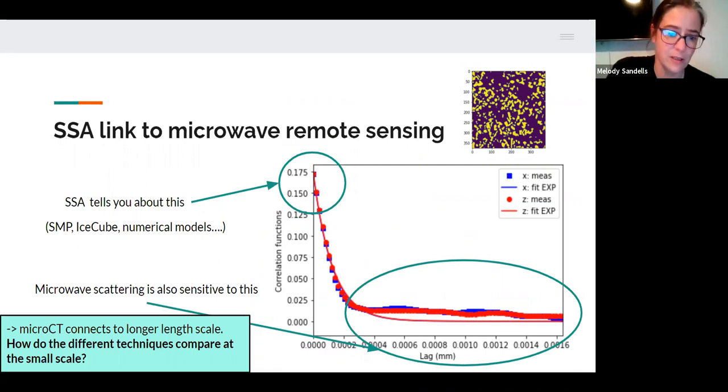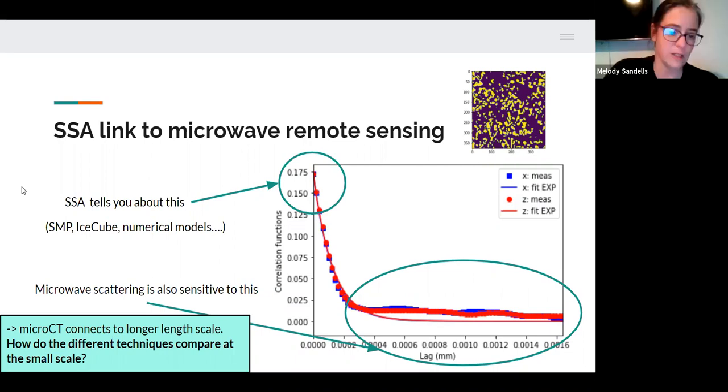Everything that measures snow specific surface area is telling you something right at that origin. It's telling you about the small scale scattering, whereas microwave scattering is actually sensitive to that longer tail. And you can see here the exponential correlation function, those solid lines, don't fit so well towards the tail of the correlation function.